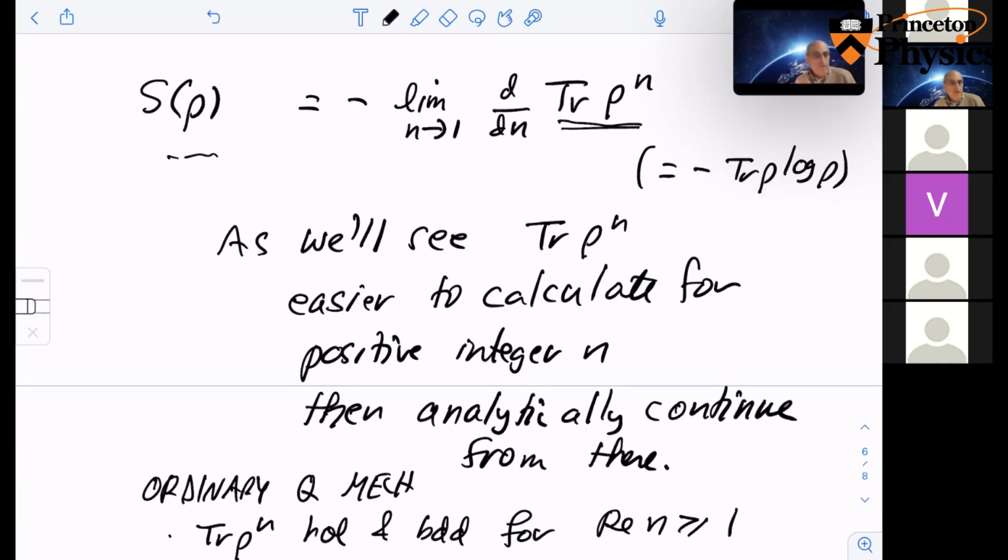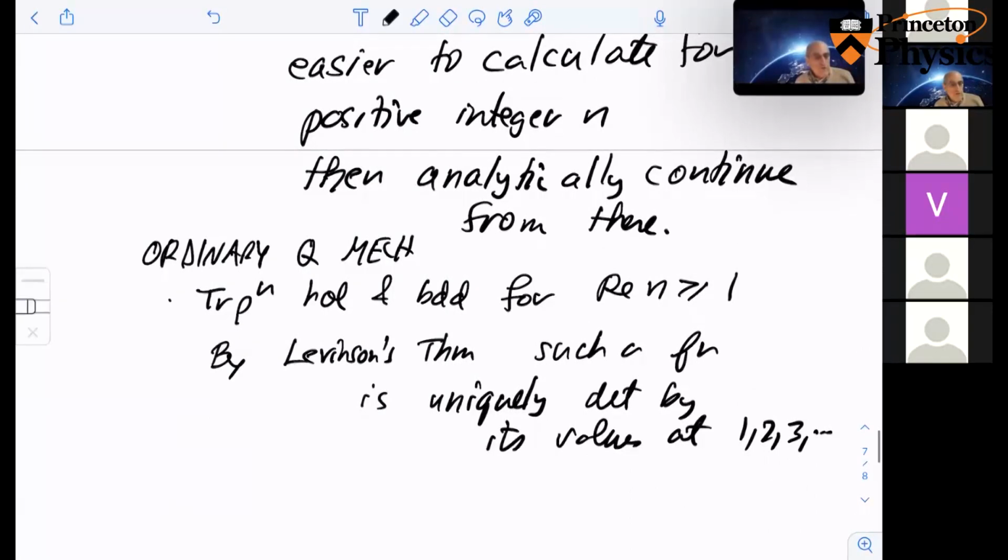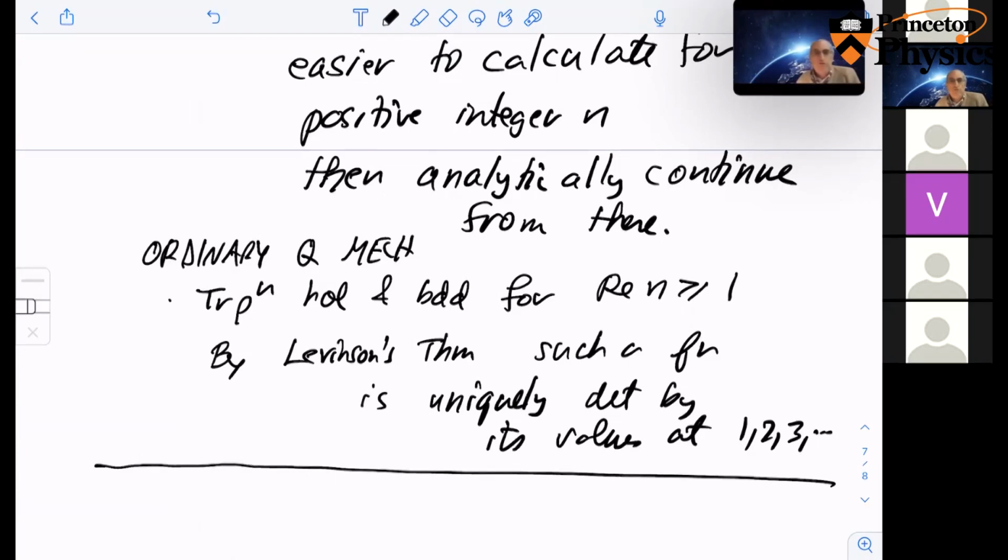And what happens in practice is very frequently that when you compute at integer values, there is a simple analytic continuation that satisfies the conditions of Levinson's theorem and strongly suggests that that should give the correct value of the entropy. And in practice, this is found to give extremely good results.